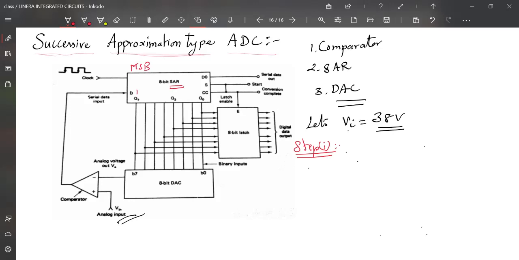The most significant bit will be high and the other bits will be 0. So the corresponding digital output of the SAR, when the clock is off and the start button is initiated, will be as follows.